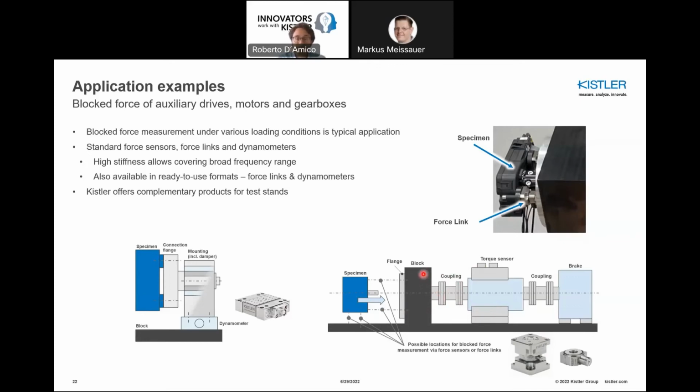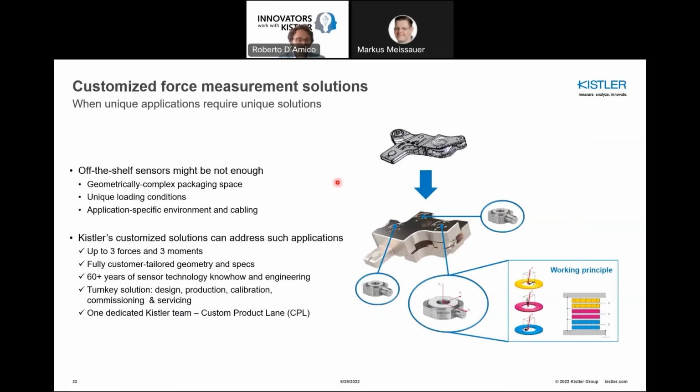Of course, we know well, and I guess you know well, that off-the-shelf sensors in many cases might not be enough, especially when it comes to automotive, especially when it comes to TPA. The packaging space that you have available is pretty complex in terms of shape. The loading conditions are unique.